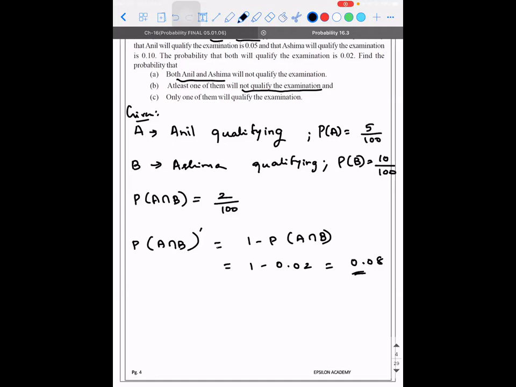But they're told at least one of them will not qualify, right? I want to know what is the mathematical expression they're expecting. Are you able to understand what I'm asking? Is it A union B dash? Okay. If I take A union B dash, then what about A dash union B?